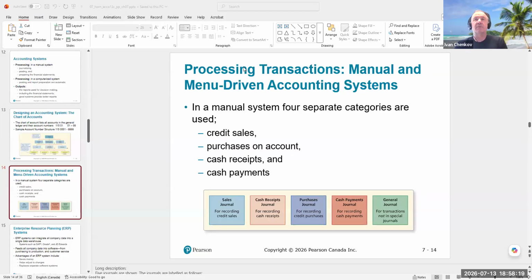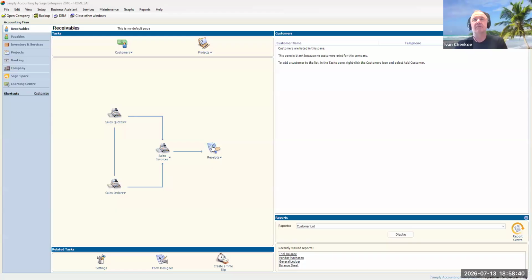Luckily I have something which can help you understand it. Let me stop sharing here and share my screen. So this is accounting software, very simple accounting software, as you can see on my screen, which has different modules.